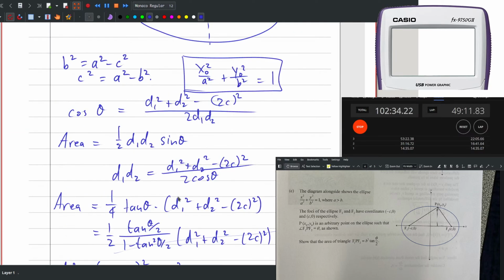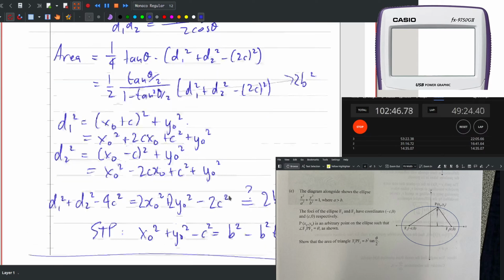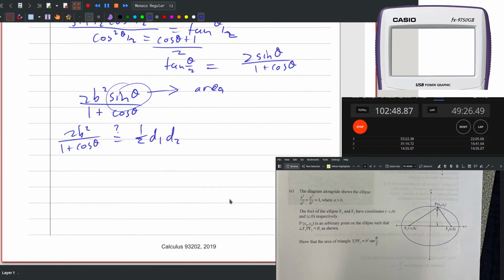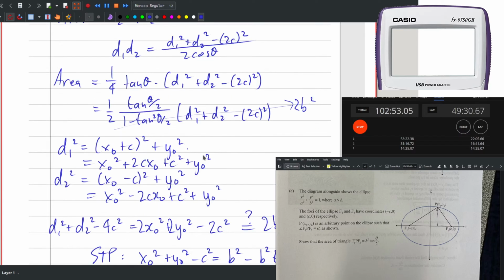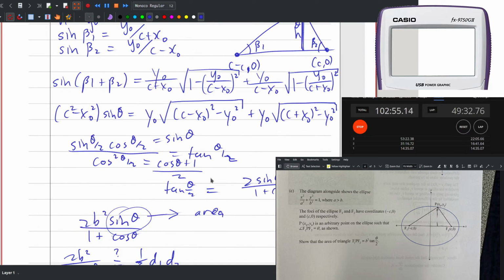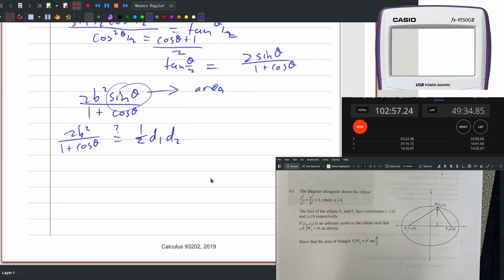Oh yeah, that actually seems doable, because remember here a half d1 d2 actually comes from cos theta, right? I don't know, maybe it just cancels out because of 2b squared.